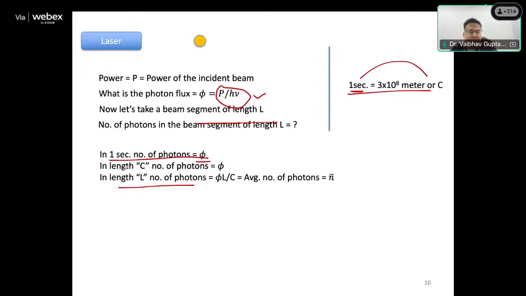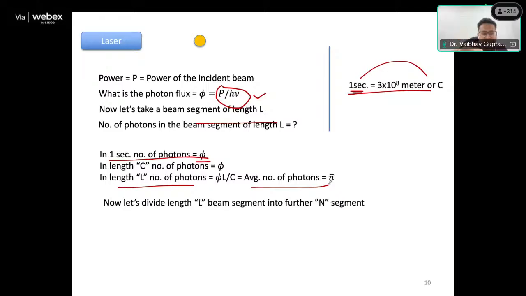So in terms of length scale, in the length c the number of photons is phi. If you want to calculate for L, you divide phi by c and multiply by L, and that is the average number of photons in a line segment of L. So that is the total number of photons we now know in the phi L by c segment.